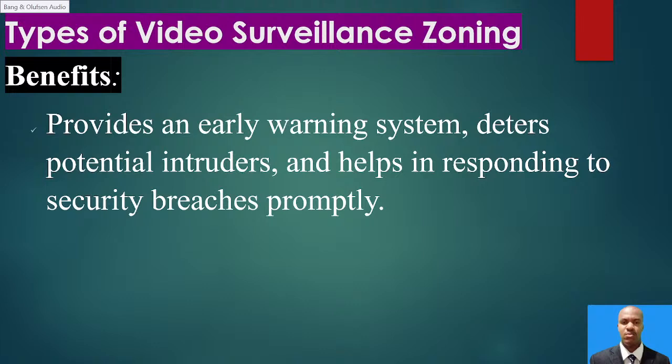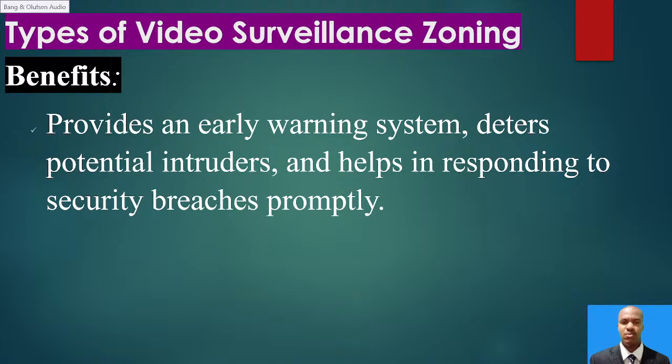So the main benefit of this perimeter zoning is to give an early warning signal to the security personnel or to whoever is at the monitoring room or the monitoring point, and they are able to plan effectively and with a lot of urgency on how to respond to that issue.